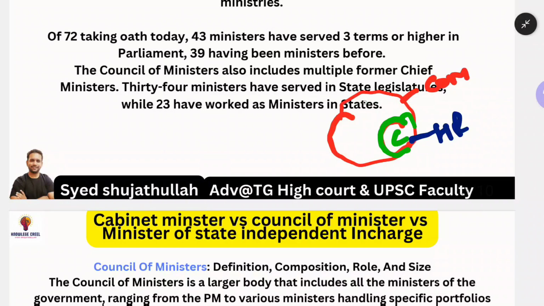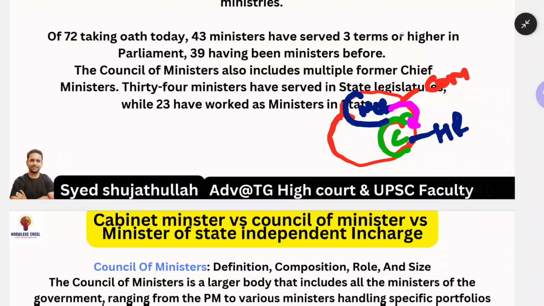Then you also have ministers of state. Ministers of state will have a portfolio of their own and will work in the allocated ministry, but they have to report to the cabinet minister.